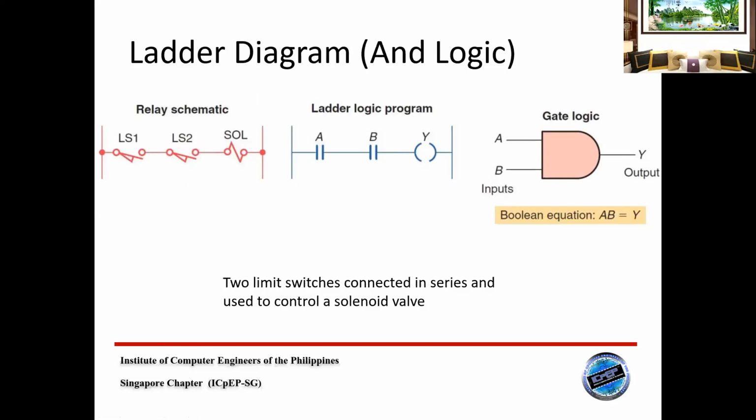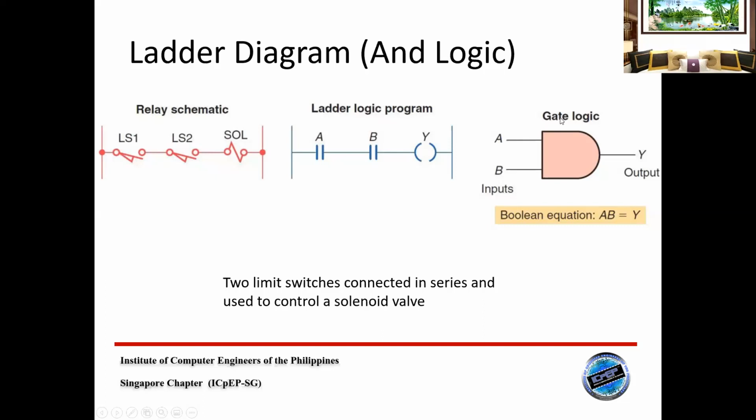The ladder diagram. This one is the relay schematic. If you are a wiring person, you will see only this one. In the software, it will be the ladder logic program.